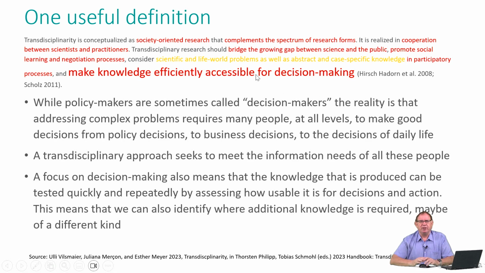A transdisciplinary approach seeks to meet the information needs of all of these people. So we're seeking to develop and communicate information that we know answers the questions of these different people, and that's not just oriented towards academic debate and academic information sharing.